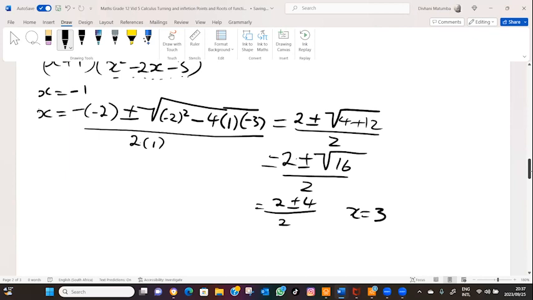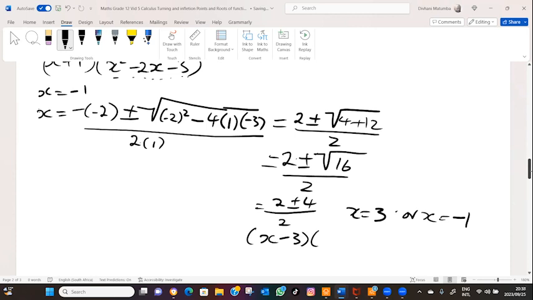And it gave us x equals minus 1, because that's going to be 2 minus 4, which is minus 2 divided by 2. That's a minus 1. Now, these are other factors. If you take 3 to the other side, it will be minus 3.